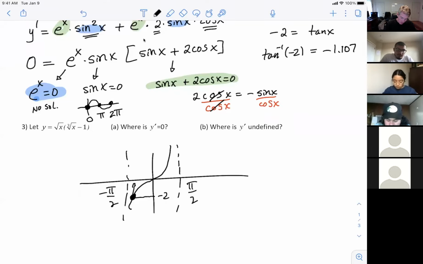That's going to be when x equals negative 1.107. Well, if you want a positive answer, then just follow the negative 2 until it's over here. And then what will x be right there?